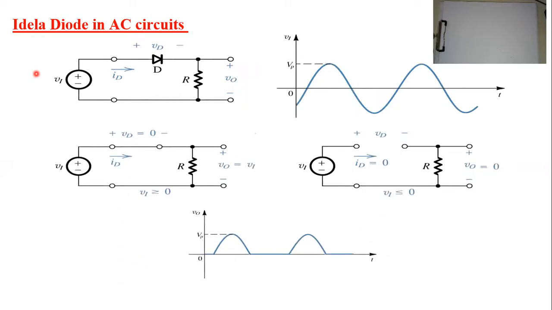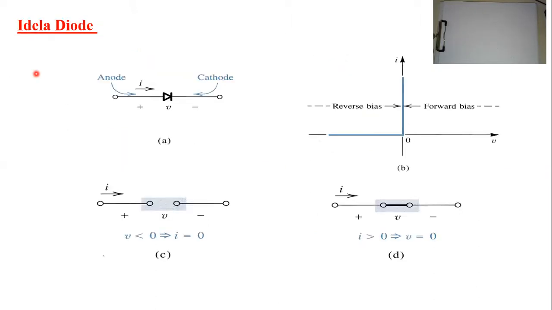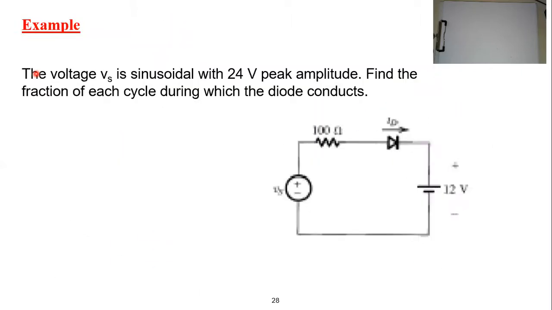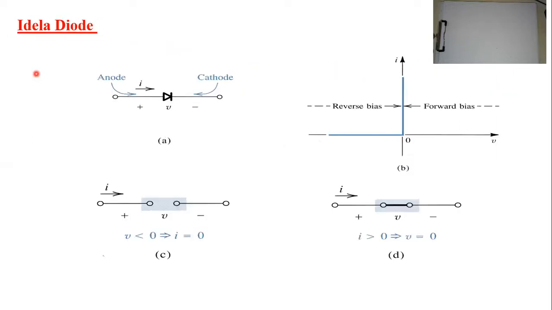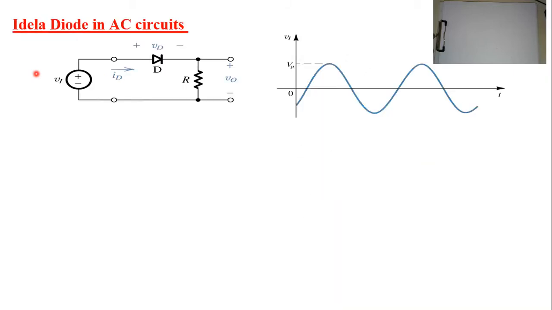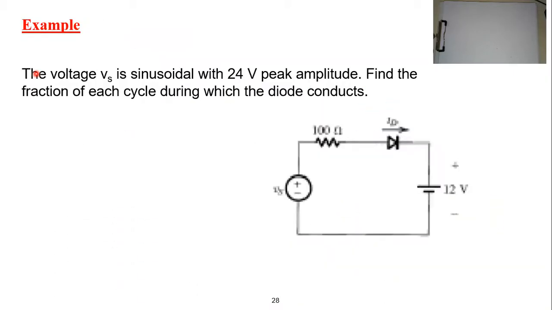In both examples, we have treated the diode as what we term an ideal diode. But please don't forget that the real IV characteristic of a diode is not that easy. Before proceeding to the real characteristics, let's make another example, which is this problem.